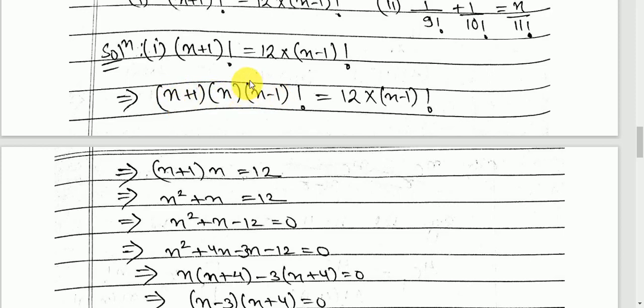In fact I should have put this in bracket first; when you are copying this, please put this in bracket. Then in bracket you write factorial n minus 1, equal to 12 times factorial n minus 1. Now what will happen? This factorial n minus 1 and factorial n minus 1 on the right will get cancelled. So you are left with n plus 1 into n equal to 12.